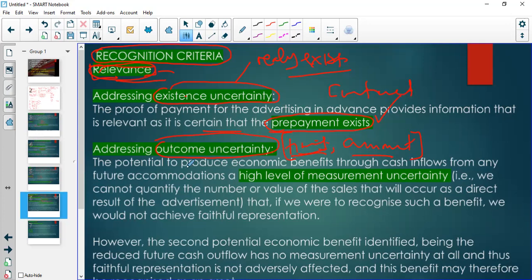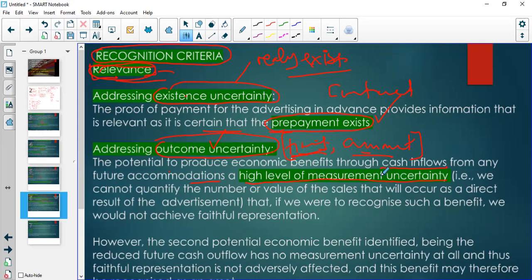Now we come to the problem of outcome uncertainty. When we deal with outcome uncertainty, we look at the timing and the amount, especially the amount. The first benefit we're going to get is future cash inflows from future accommodation. But do we know how much we're going to get from advertising? We can't. We can try to have probabilities, but they will have a high level of measurement uncertainty.